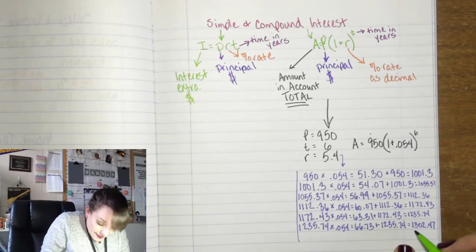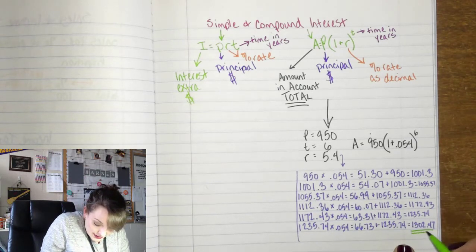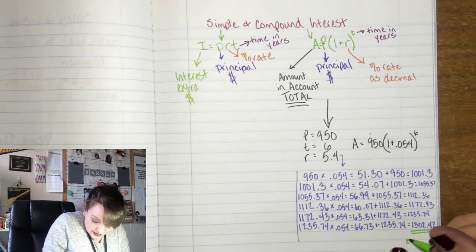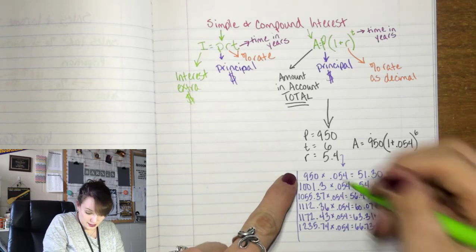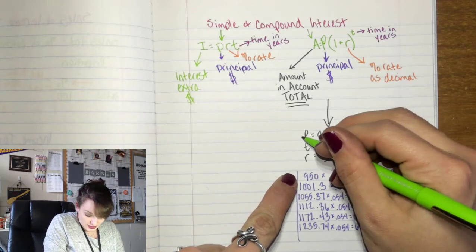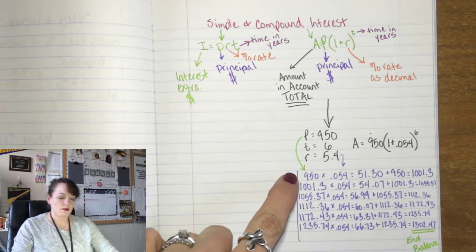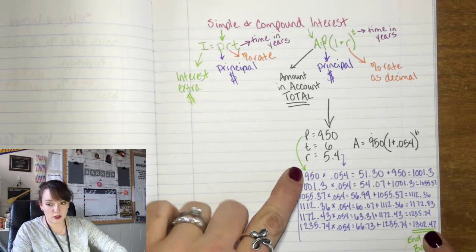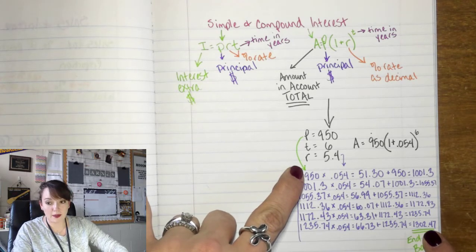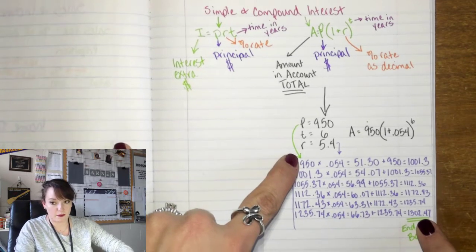Now, if it asks for the interest only, this is where I ended. That's my end balance. This is where I started. This was principal, $950. The difference between the two is how much money the bank gave me over that time.